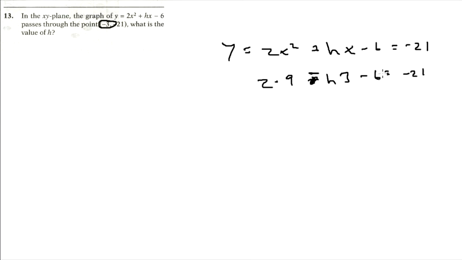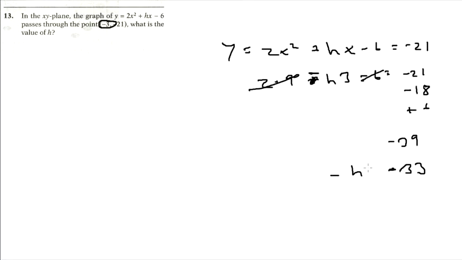So 2 times 9 is 18 over here, we want to subtract 18 to get rid of this guy, plus 6 here. Okay, so minus 21 plus 6 here is going to be minus 33.